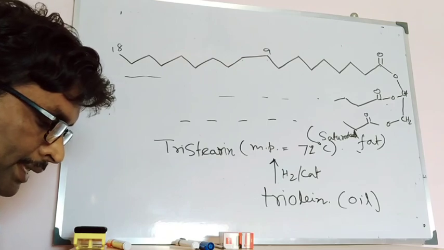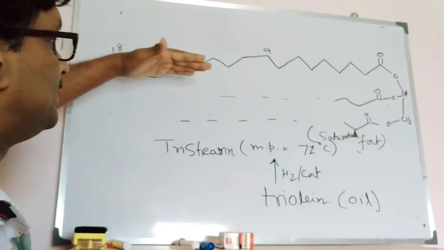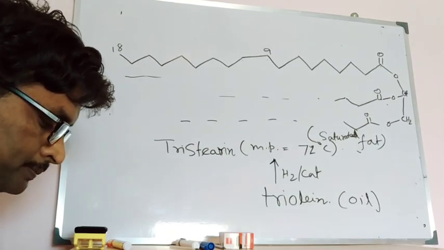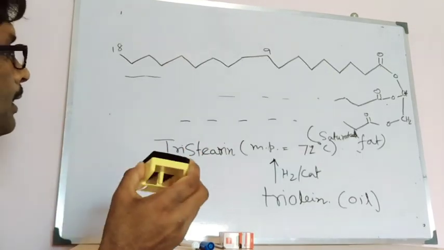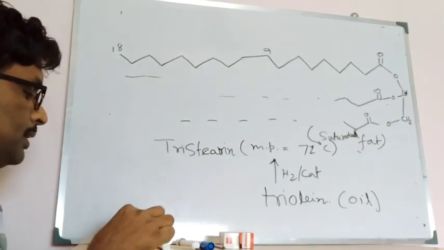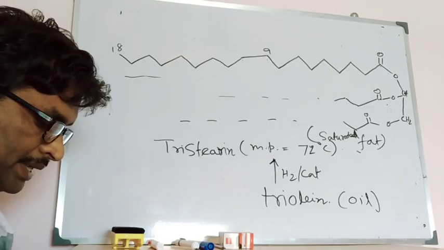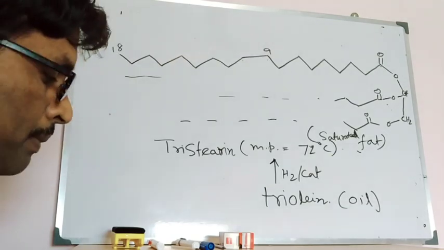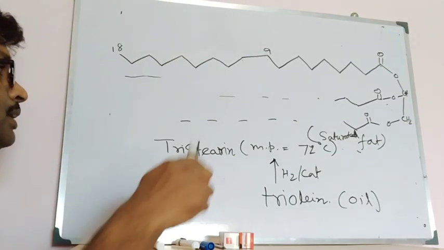So the increase of double bonds in the fatty acid chain gives the oil. Now we can do partial hydrogenation. Margarine, which is a semi-solid fat, can be prepared from vegetable oil by partial hydrogenation; that was the full hydrogenation.